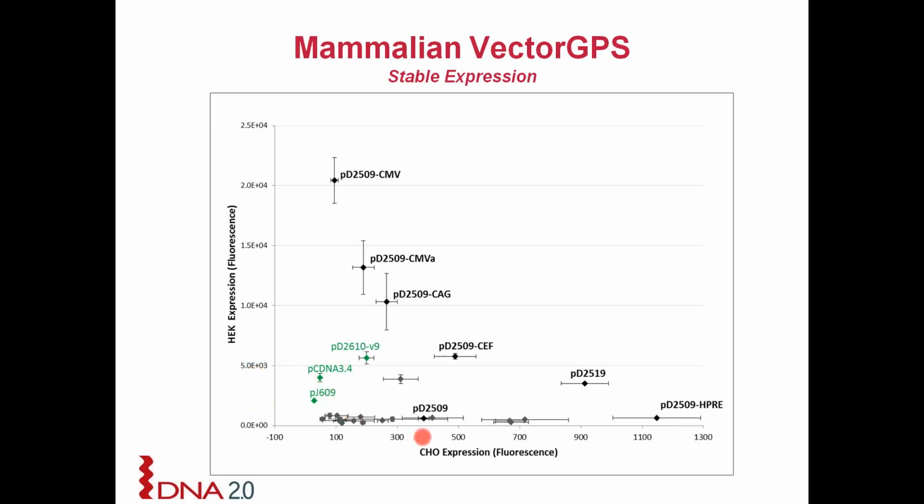HEK and CHO, again, are showing distinct preferences for vector combinations for stable expression. And these vectors really are powerful tools for stable expression. For these top vectors that are available as catalog items, we see that over 80% of the cells we select are GFP positive and exhibit stable expression over many passages.